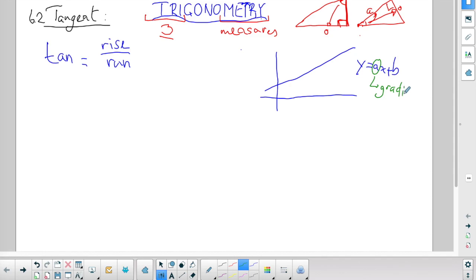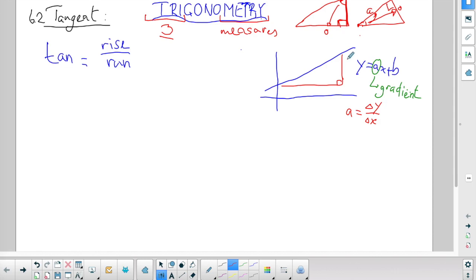And I just explained this because I want you to understand that it's almost all the time the same thing. Take a look at this triangle. I could draw a triangle like that over here as well. And my a was the difference or the change in y divided by the change in x.